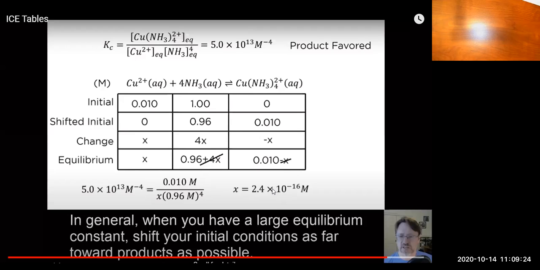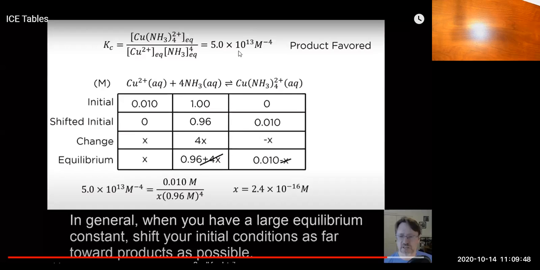The second reason is that when we look at the equilibrium constant itself at 5 times 10 to the 13, that tells us that the true equilibrium position is going to be very, very close to everything being on the product side, because the numerator has to be huge and the denominator has to be tiny.